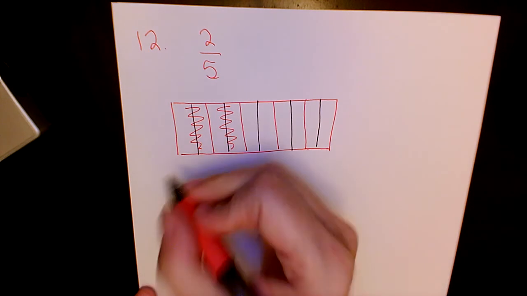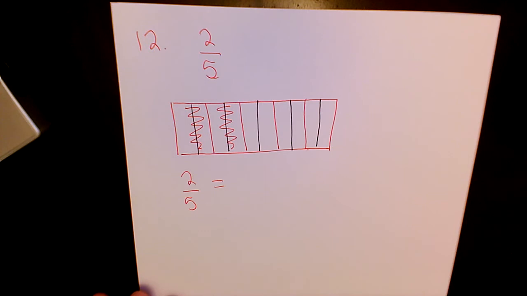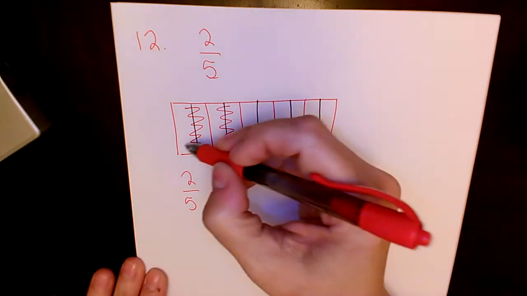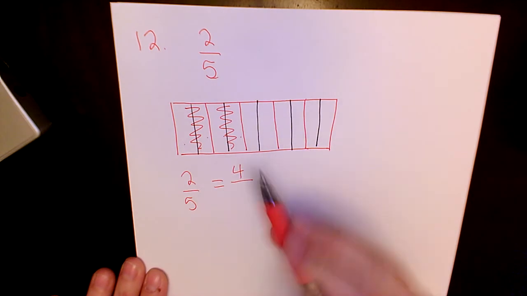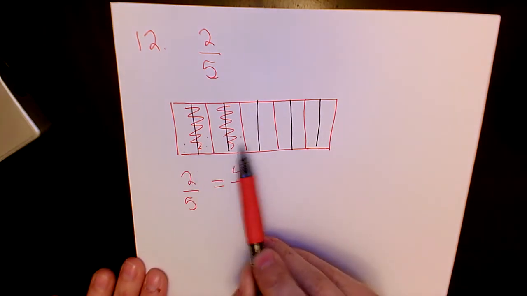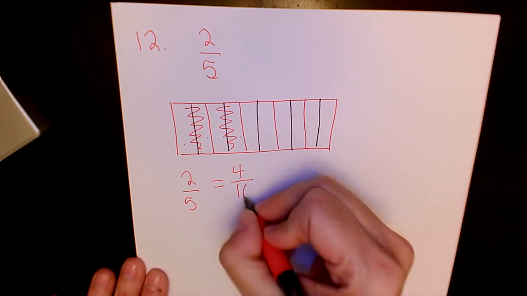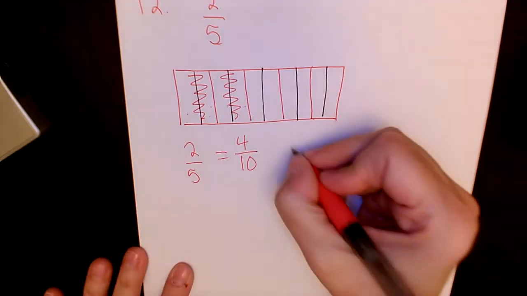So, what does that give me now? Let's see. The shaded part right here, still 1, 2, 3, 4 shaded out of 2, 3, 4, 5, 6, 7, 9, 10. Okay?